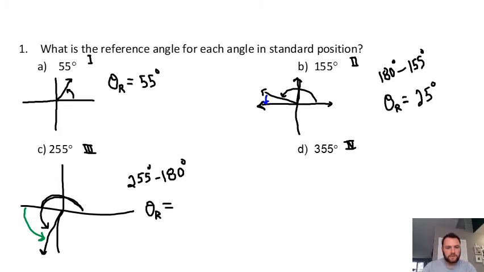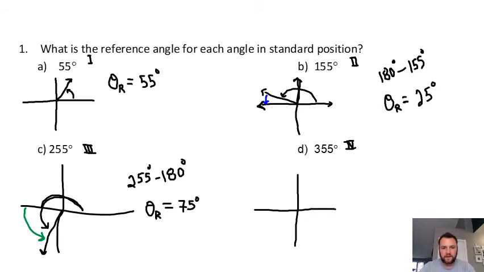If I take 255 and subtract 180, I get a reference angle of 75 degrees. So that's that green angle. Again, this is going to be really important even in the next part of this section.